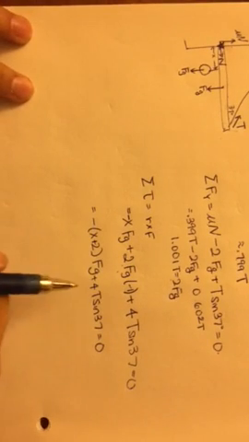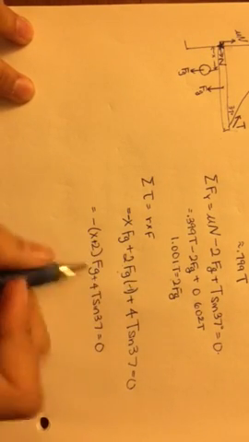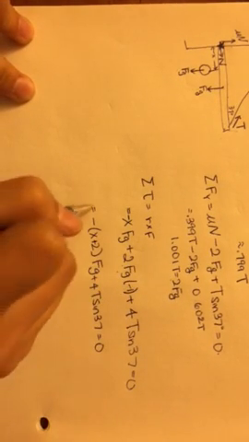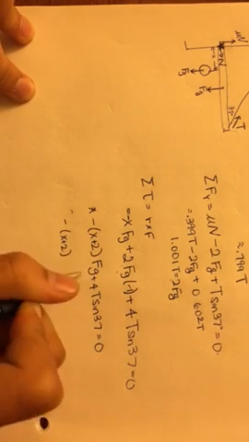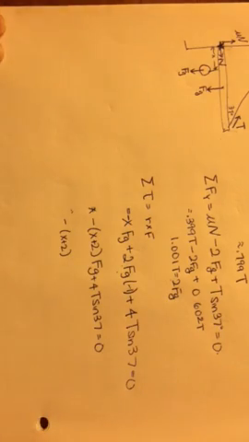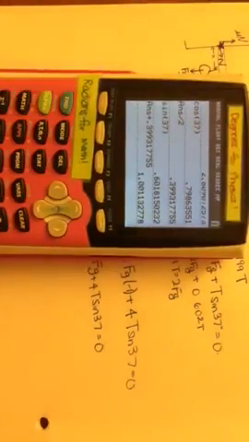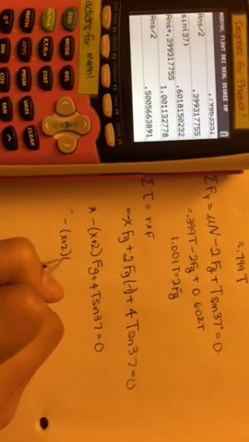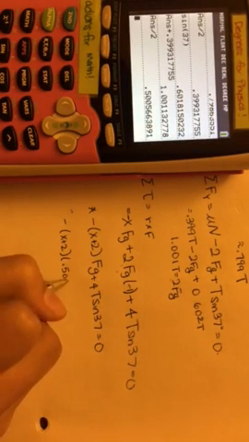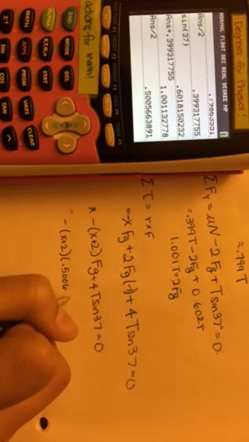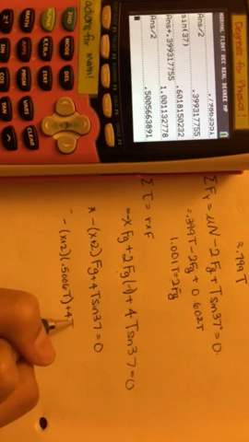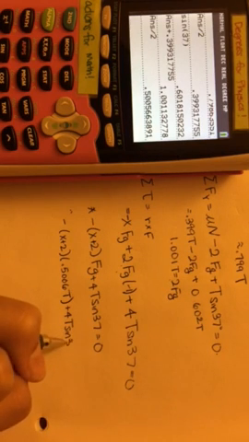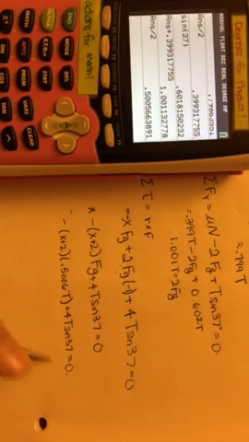Now we're going to turn Fg into T. Negative x plus 2Fg becomes 1.001 divided by 2, so 0.5006, times T, plus 4T sine 37 is equal to 0.